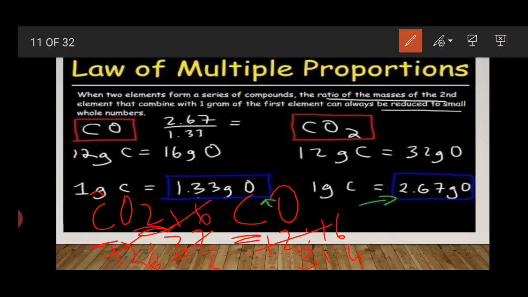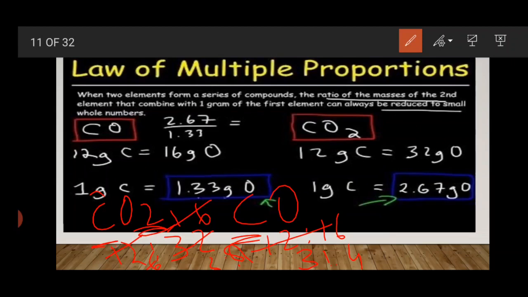Let's convert into the smallest whole number ratio: 3:8 and 3:4. So in both the cases, the amount of carbon is fixed, but we are changing the amount of oxygen.